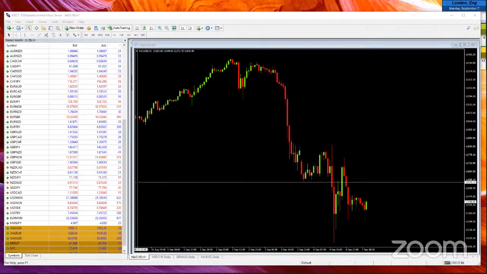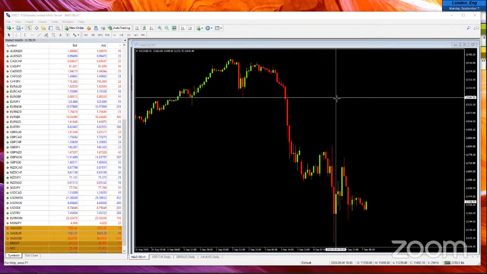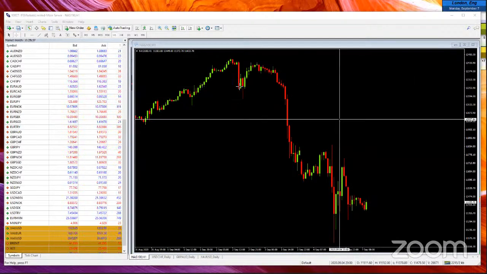Ethereum also suffering. Where are you, Ethereum? We can have a look on TradingView for this stuff. Here we go, Ethereum down 2.3%. So the dollar looks like it is strengthening currently.